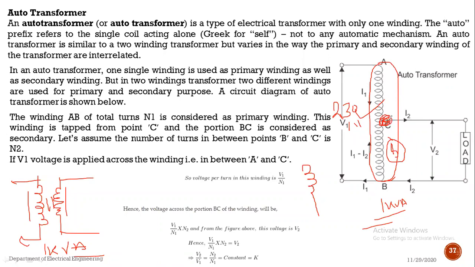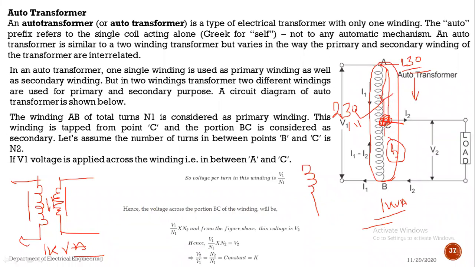So if we vary this terminal, दॅट मीन्स याचं टॅपिंग व्हॅरी होत आहे. जर हे फुल याला कनेक्ट केलं it will give the 230 volt supply at the output side. सेकंडरी साइडला ते 230 वोल्ट देईल, because total number of turns will act as a secondary. If we reduce the number of turns automatically voltage will be reduced.